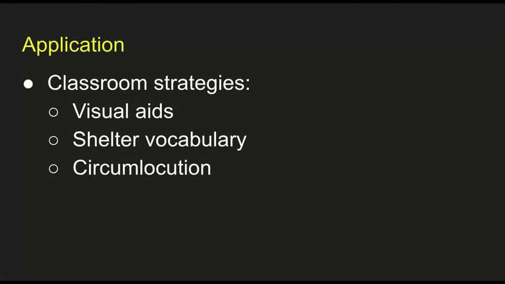Circumlocution means offering an alternative explanation or talking around a topic so that they understand the term that you're using instead of going directly to translation. And sometimes that is not possible in an ESL classroom, anyways. Gestures rely on TPR and body language, helping communicate your idea non-verbally as well as verbally.